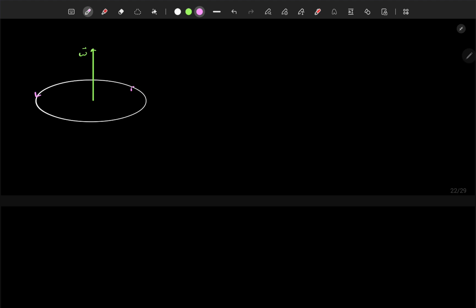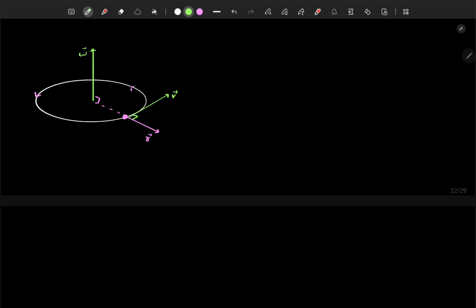That is anticlockwise manner. So at any point, which one is the r vector? देखो, this one is the r vector. तो एंगल कितना है दोनों के बीच में? 90 डिग्री. At this point, which one is the linear velocity? Let this one be the linear velocity, v vector. अभी v vector r vector के साथ कितना एंगल क्रिएट कर रहा है? 90 डिग्री. Yes, because tangent and radius both are perpendicular.